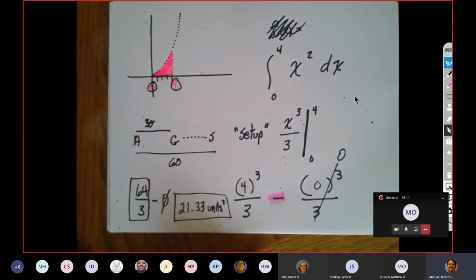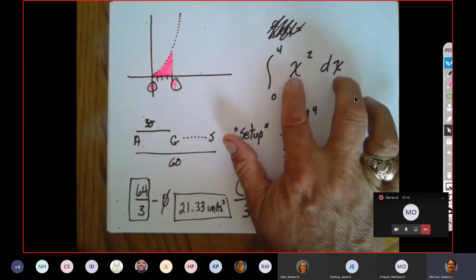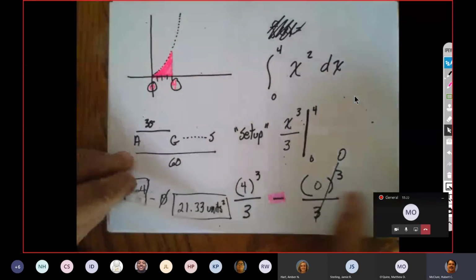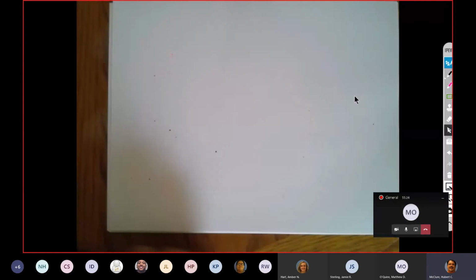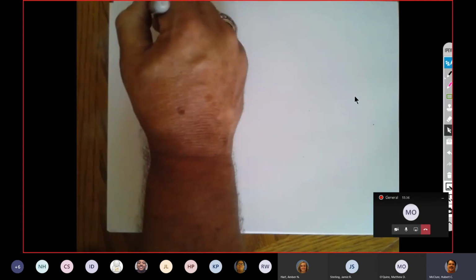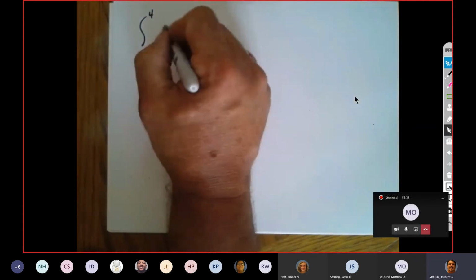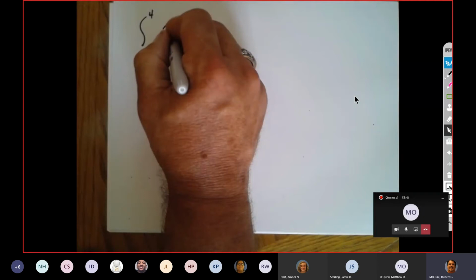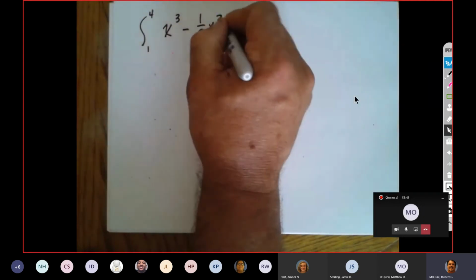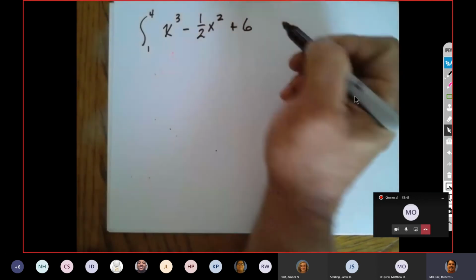Now let's do another one, and let's put more than one term right here. So let's go with the antiderivative, and let's do the integral from 1 to 4 of x to the third minus 1/2 x squared plus 6 dx.